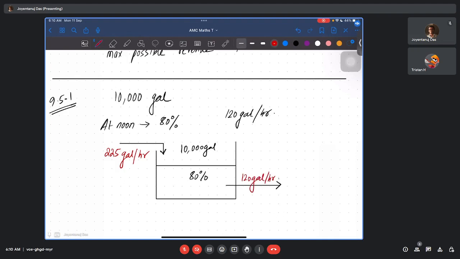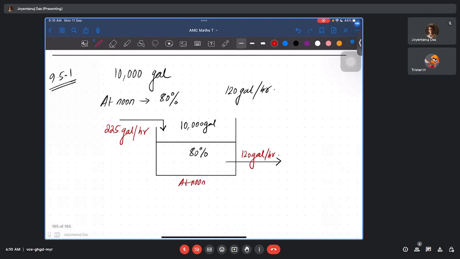So it is starting at noon, and every 1 hour he is checking. So when will it overflow? The rate in and rate out are different, that's why it will overflow.